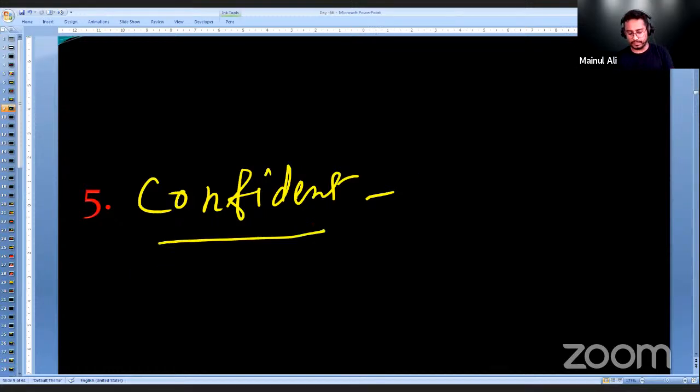Nilofer, explain something in Assamese so that they would write it. That's called confident. Yeah, confident, noun.